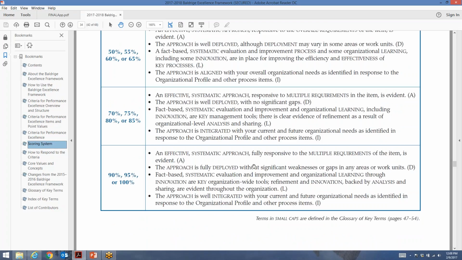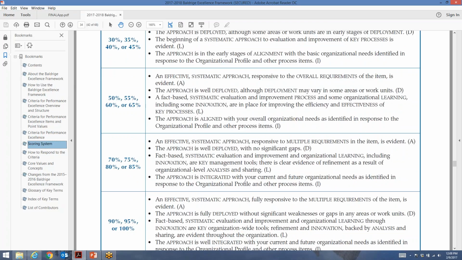And so I say this to say, hey, as you're writing, come back to the scoring range and kind of hold up your writing and say, okay, if I think I'm in the 50 to 65 range or the 70 to 85 range, that's where I want to be. That's where I think I am as an organization. Does that show up in my writing?